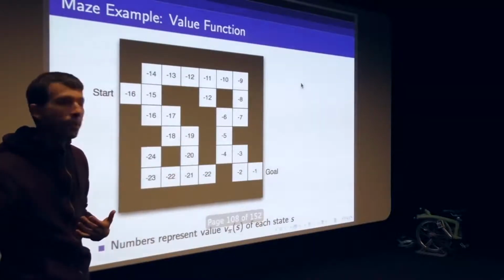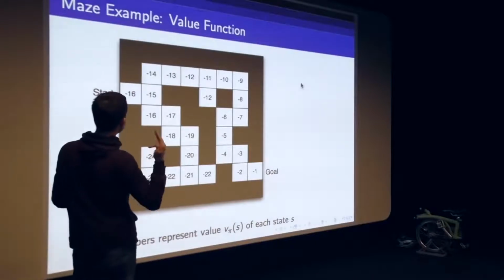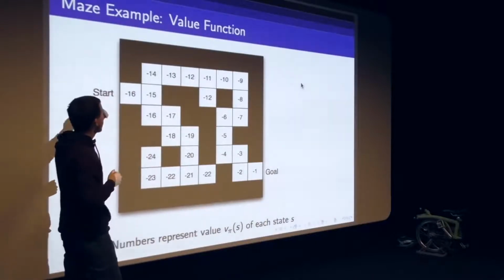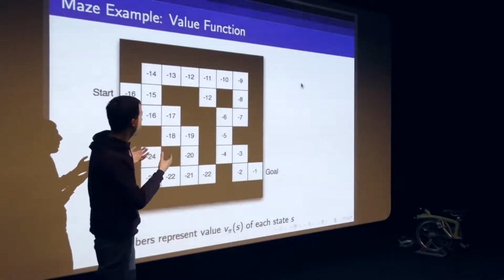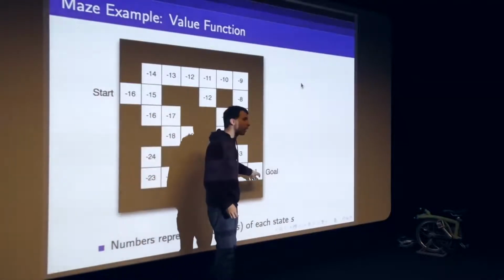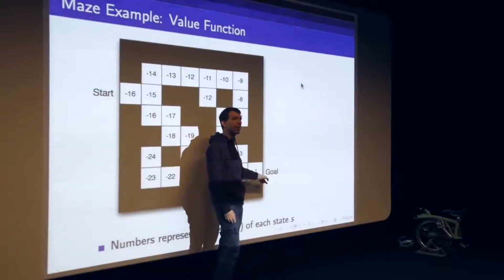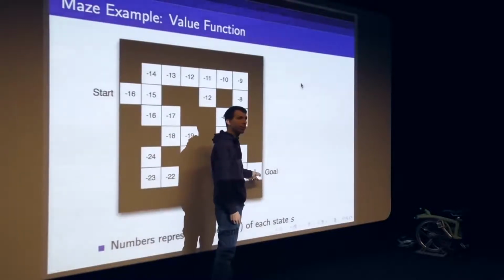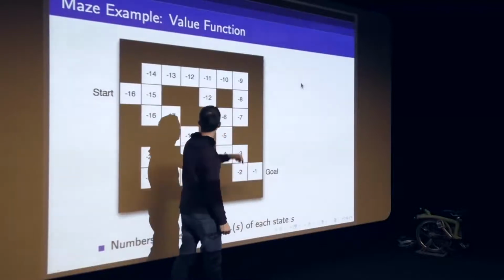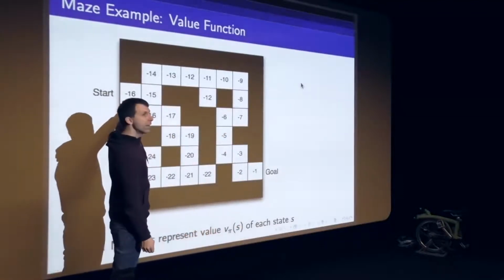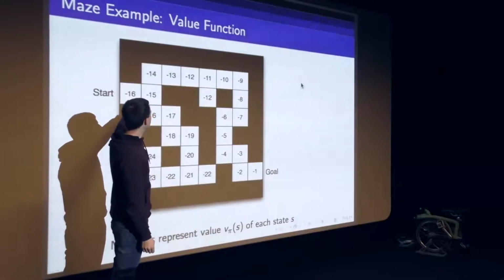The value function, remember we're going through these three key concepts. So the value function looks something like this. This is the value function for each of these states, where we know that if we're just about to reach the goal, we're only one step away from the goal here, so this must have a value of -1. Here we're 2 steps away from the goal, so this has a value of -2. If we go all the way back to here, we have a value of -16.